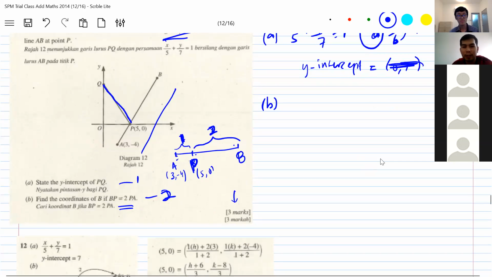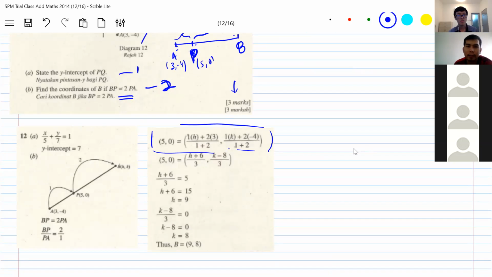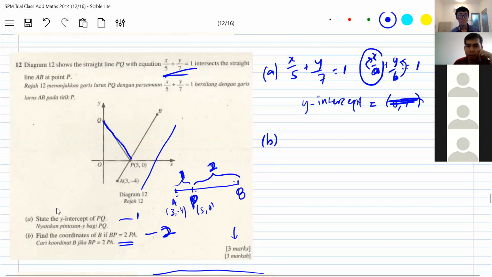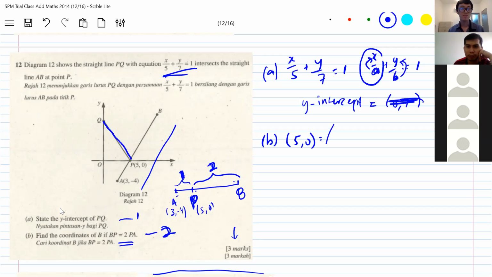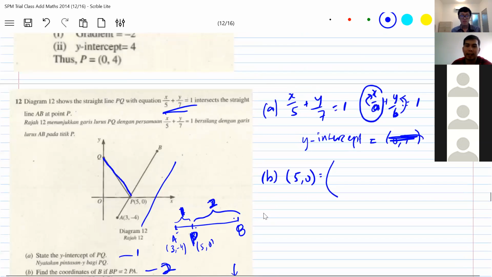If you look into your formula sheet, you can see this formula here. Okay? The point in the middle is equal to x1 times the ratio that is opposite plus x2 times the ratio that's opposite. Okay, let me show you how it's done. So it's (5, 0), the point in the middle, is equal to, so B is an unknown H and K, right?